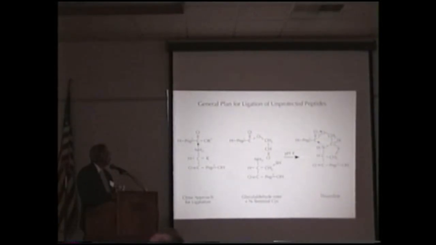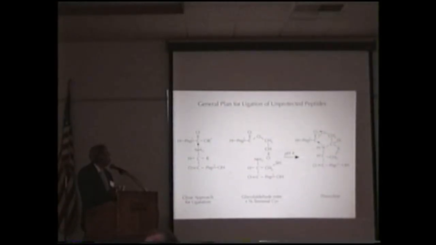So the way Tam did it was to make a glycol aldehyde ester over here, and then react that with an N-terminal cysteine containing peptide. So the carbonyl would react with the SH and the NH2 and form the thiazolene ring over there on the right.